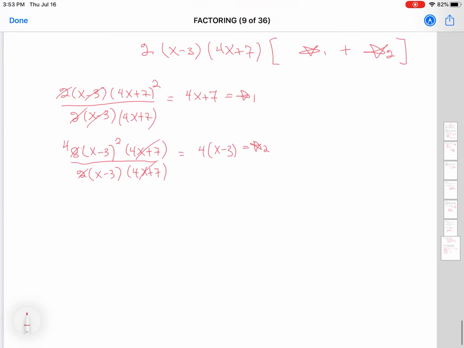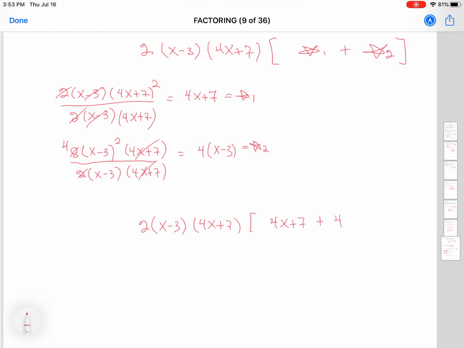This is your star 2. So our final answer is going to start to look like this. Open bracket, star 1, 4x plus 7, plus star 2, 4 times (x minus 3).